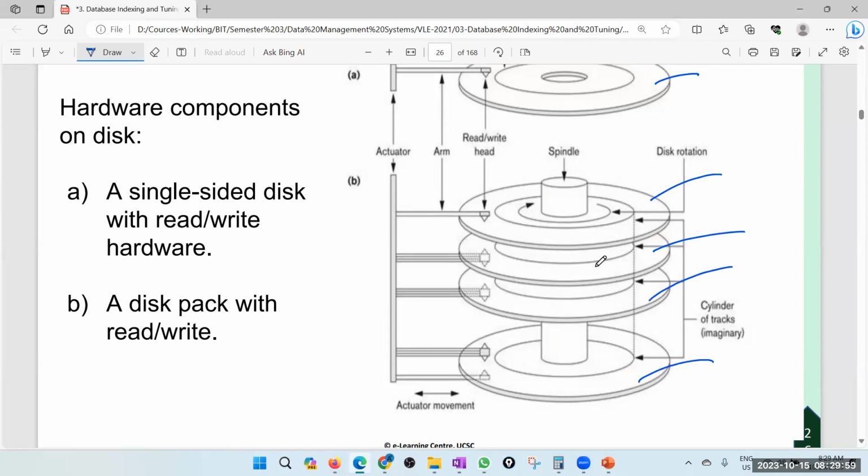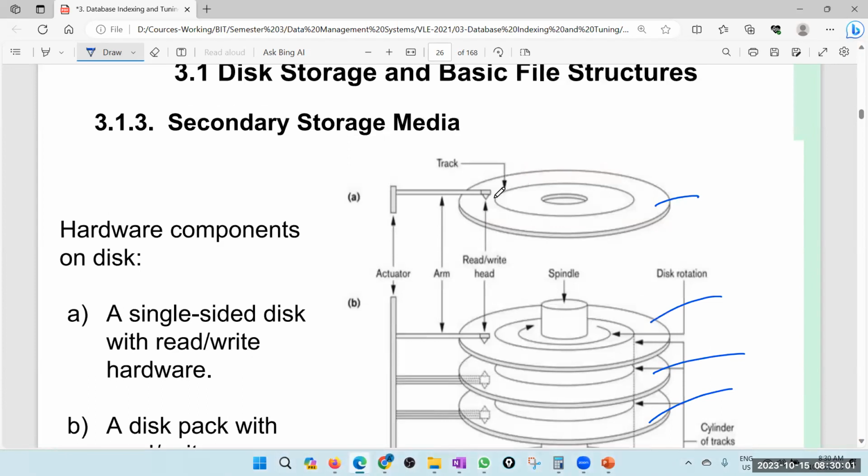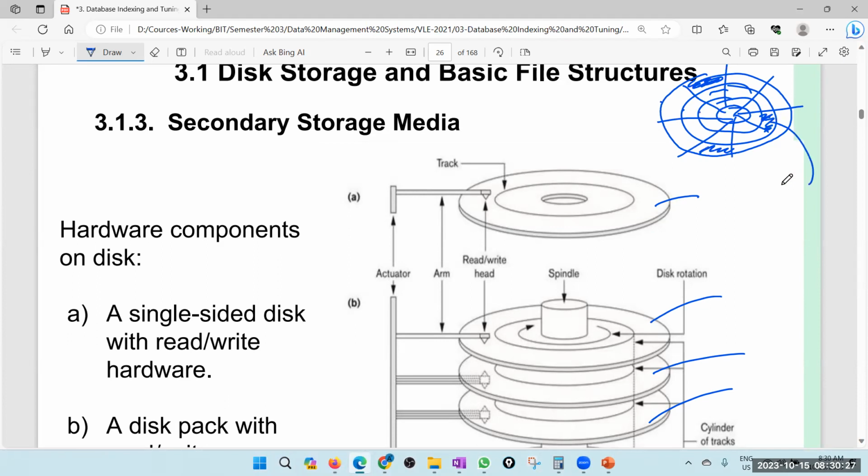Each disk has tracks, something you know from your O-level. The disk is also separated into sectors. These are the tracks, and this is a sector, this is a sector, and so on. Your data is saved in those sectors.